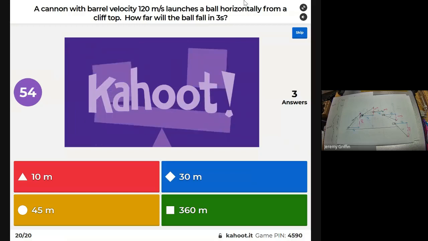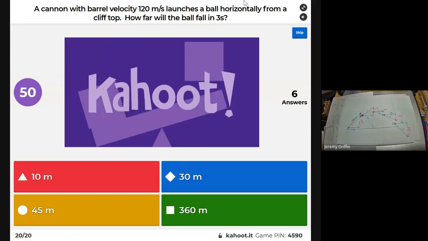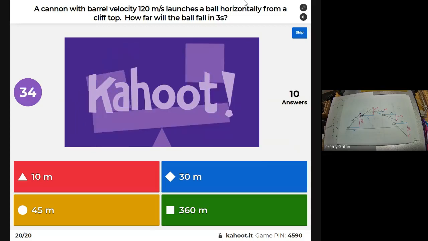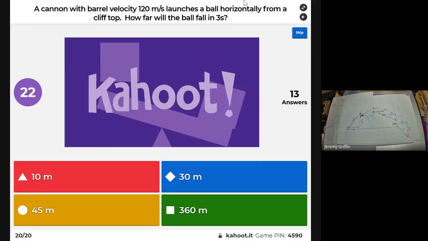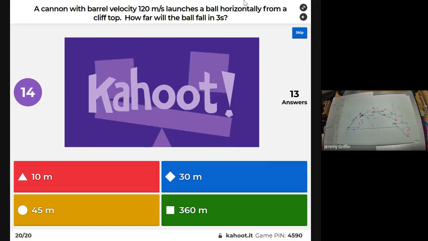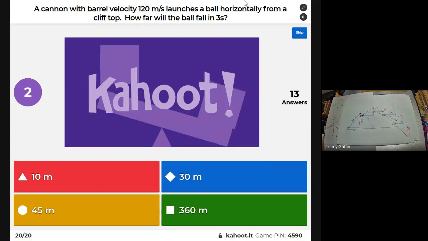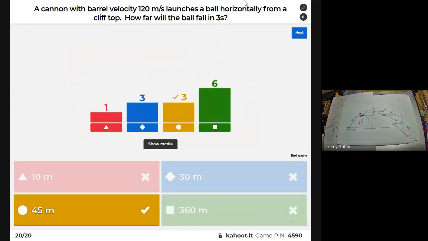How far does it fall in 3 seconds? Oh, only 3 of you guys got that.